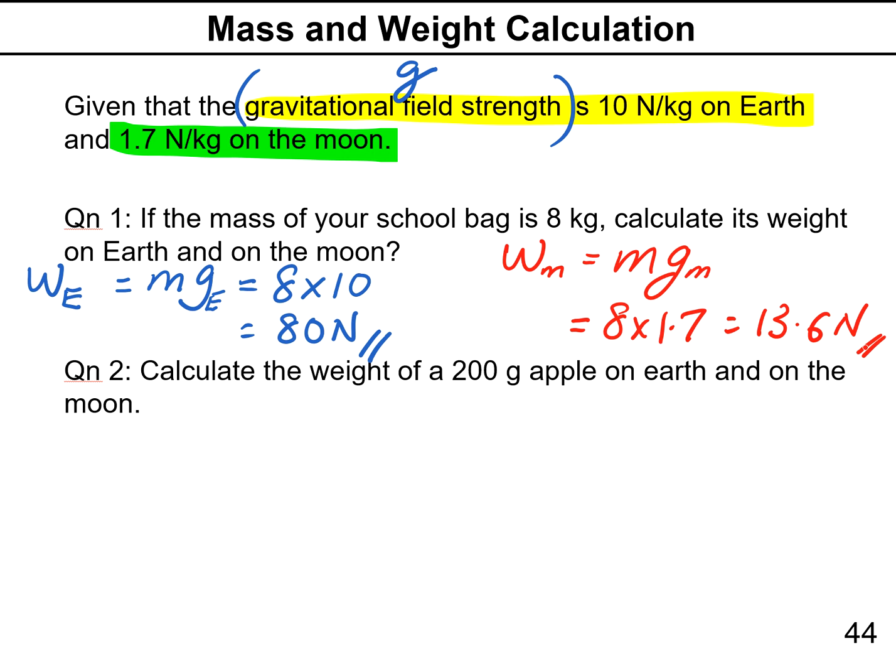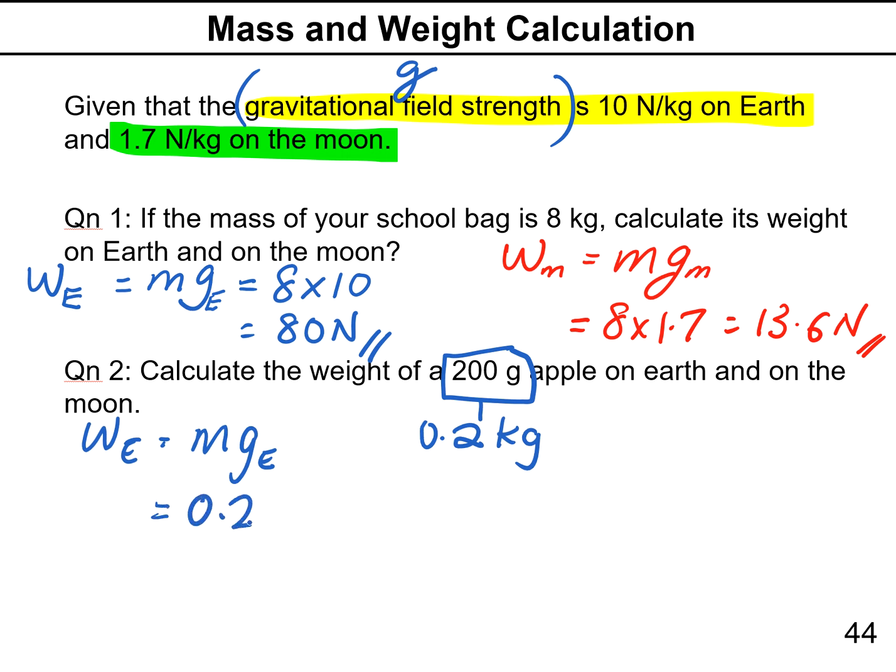Question 2. What is the weight of the apple on the Earth and on the moon? Well, now you can pause the video and do this question on your own. Okay, so the answer is the same thing, but I am very careful that the apple's mass is given in grams, so it's actually 0.2 kilograms. So I need to convert, because this formula will only work if the mass is in kilograms.